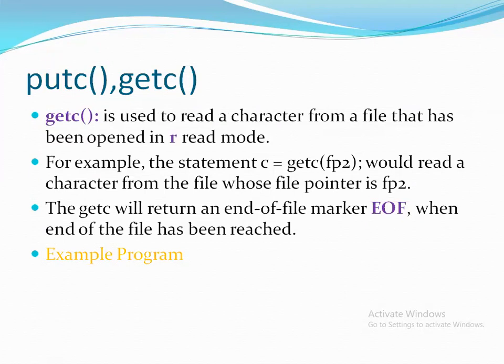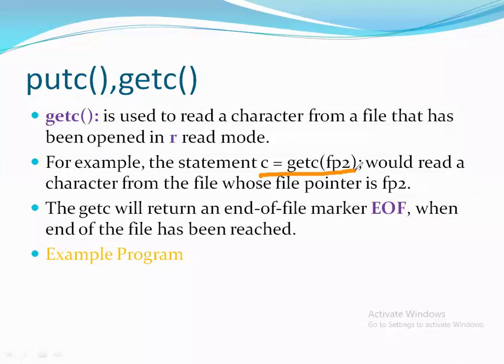Read mode provides accessibility to the program, but at a time getc can get only one character. The syntax of getc is this: C equal to getc(FP2).